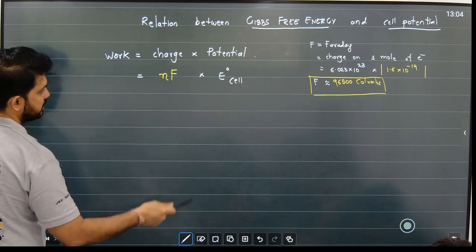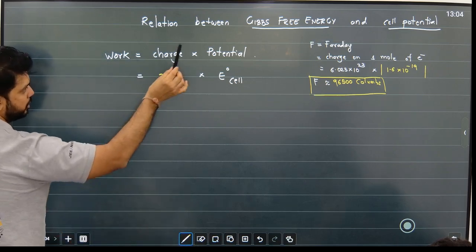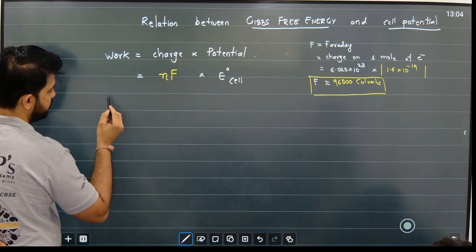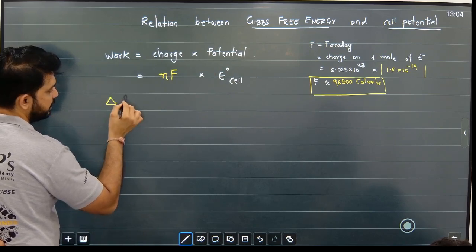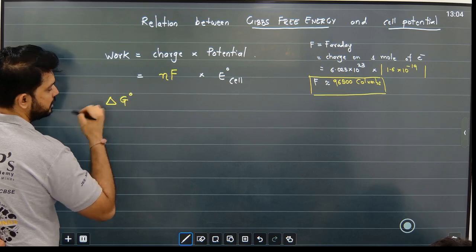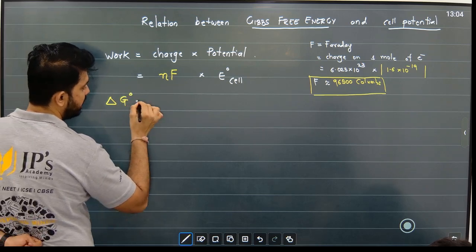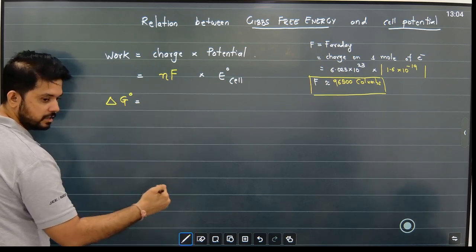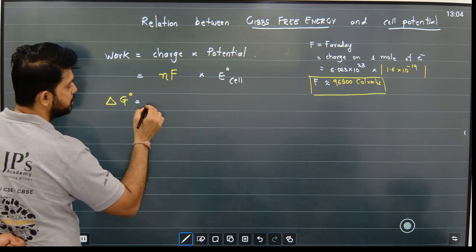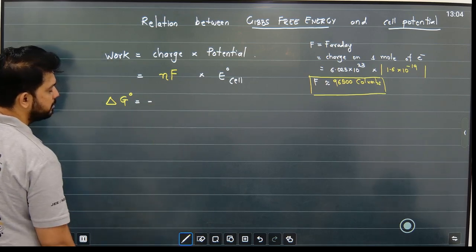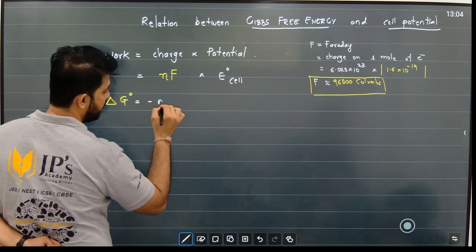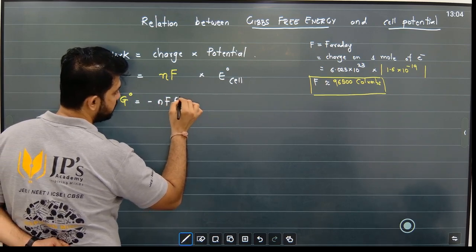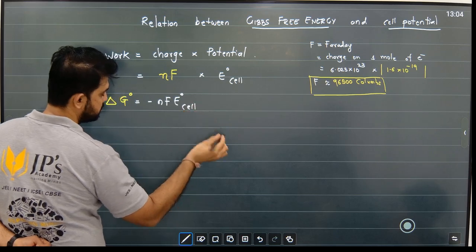Now, since we're talking about Gibbs free energy, we can replace this work by delta G. Standard is delta G naught. And remember, the value of delta G should decrease for any process to become spontaneous. So the formula becomes delta G naught is equal to minus nF E naught cell.